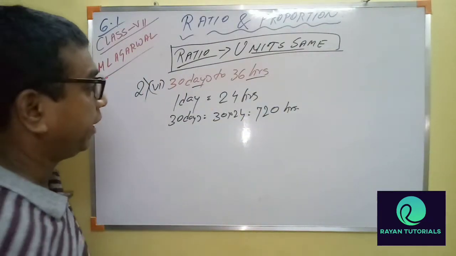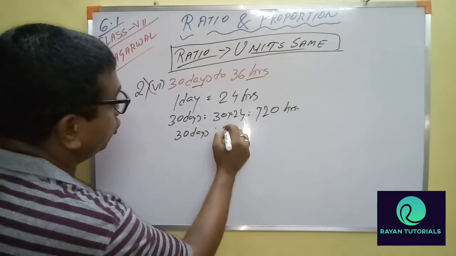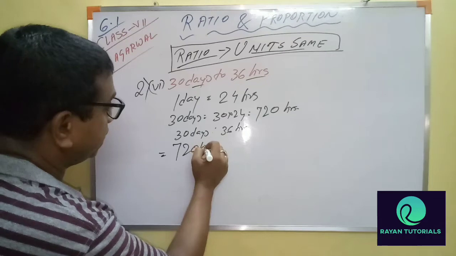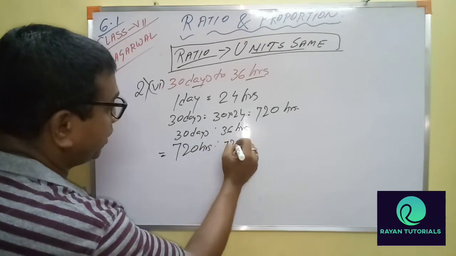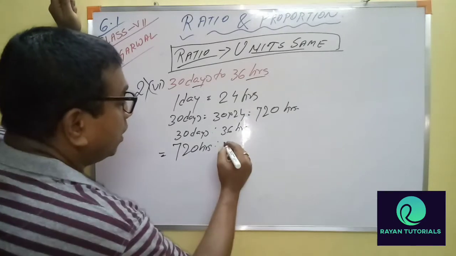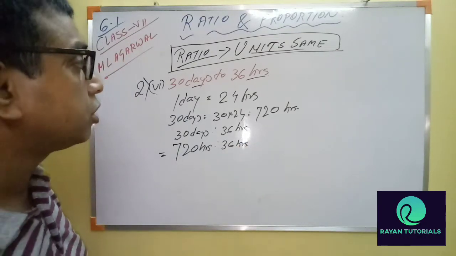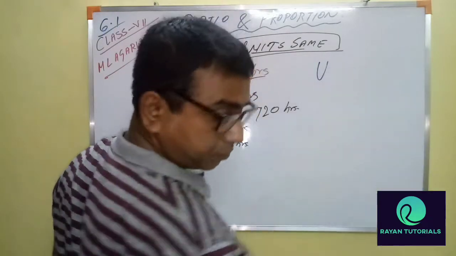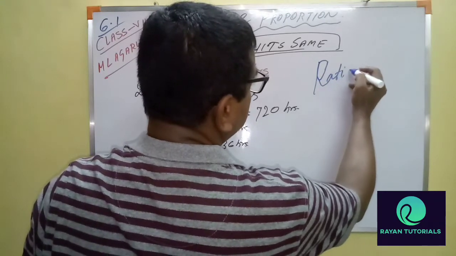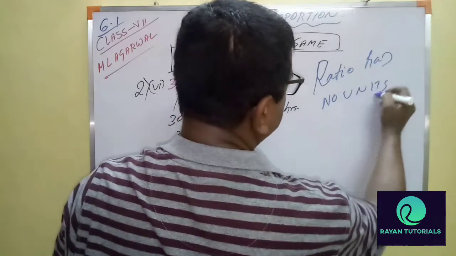Find the ratio. Okay, that means 30 days is to 36 hours. This I can write 720 hours is to 36 hours, right? No, it's not right, because ratio has no units.